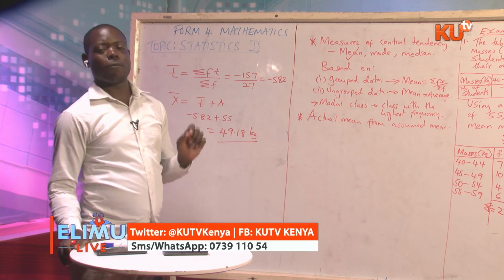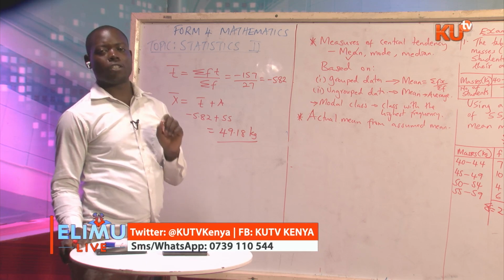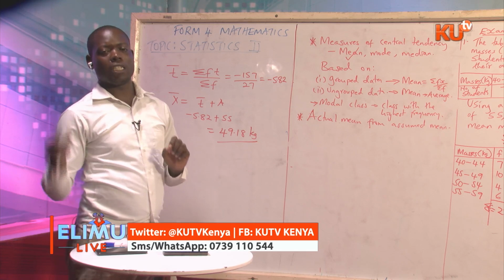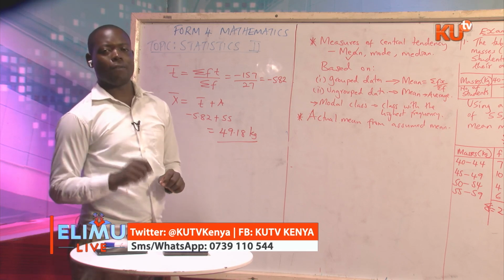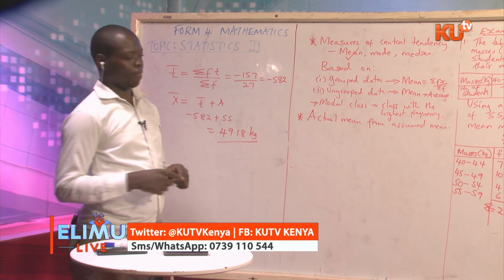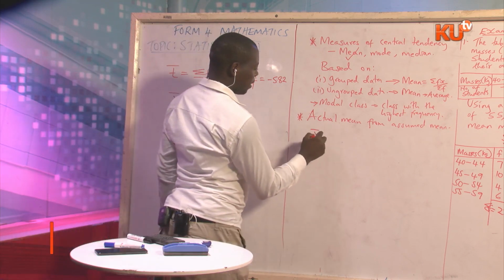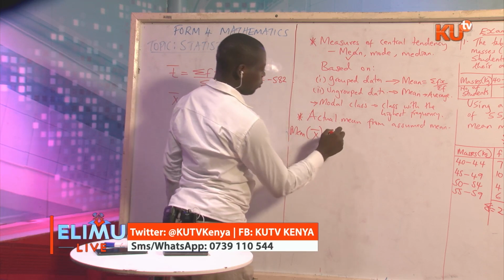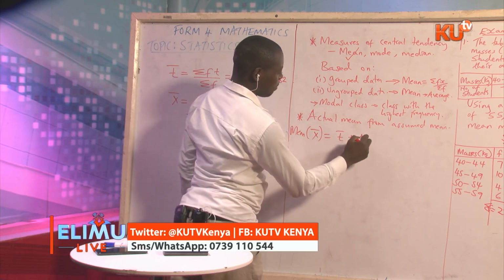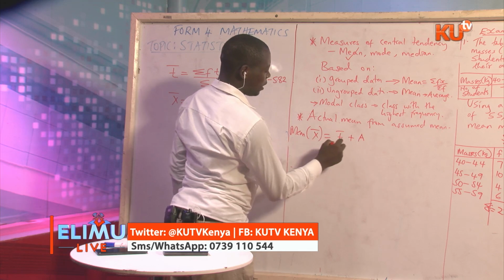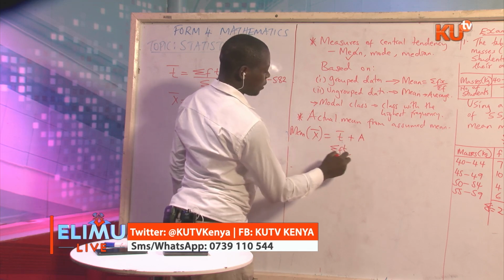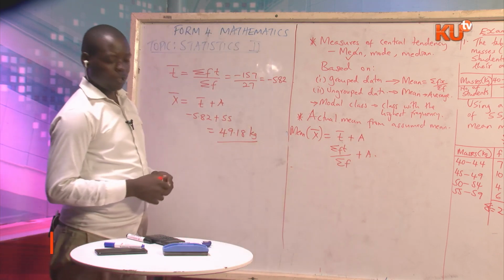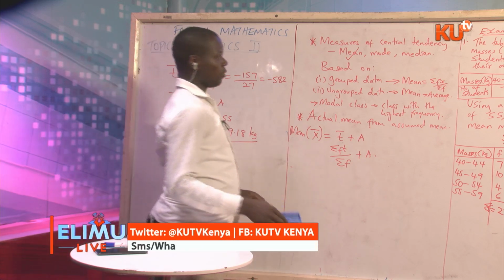Number two, identify the deviations of the midpoints from the assumed mean, obtain ft, which is the product of the deviations and the frequencies, and then get the mean of t. So the actual mean of x is equal to the mean of t plus the assumed mean. What is the mean of t? Sum of ft over sum of f. That is what we have discussed in our lesson today.